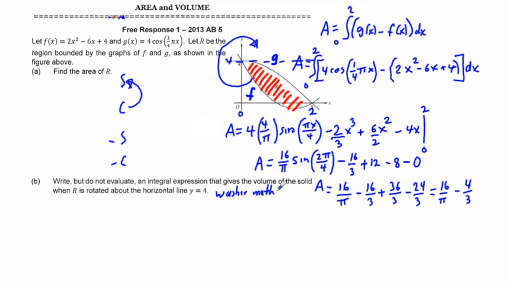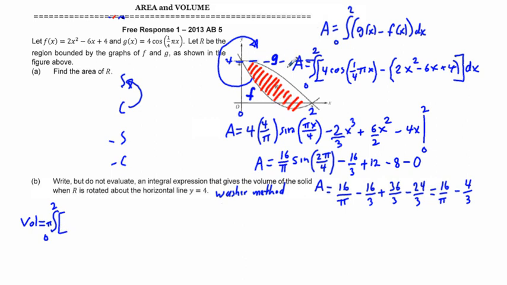Okay, and that's going to be volume is going to be equal to the integral again from 0 to 2. Now, we have to do one more thing here when we rotate, and that's multiply by pi. So there's the pi out front, and now in this case our outer function is going to be our f, because it's farther away from the axis of rotation, right?